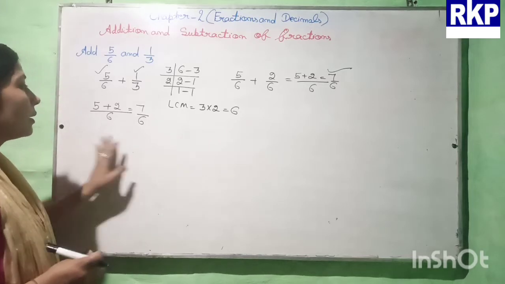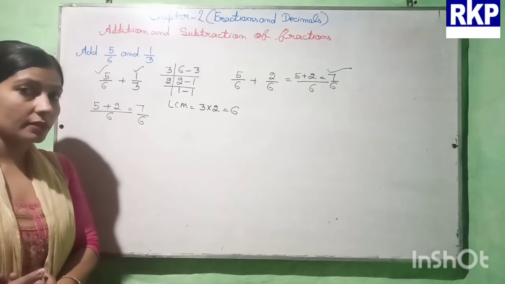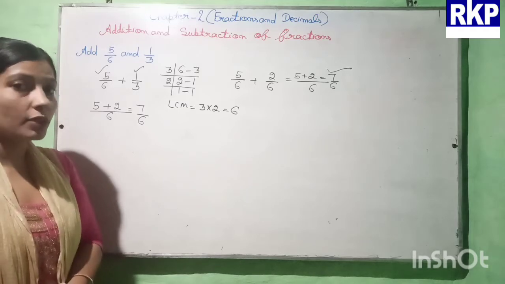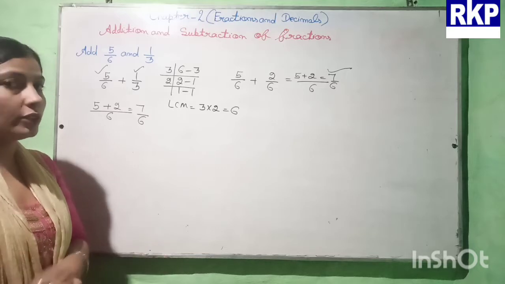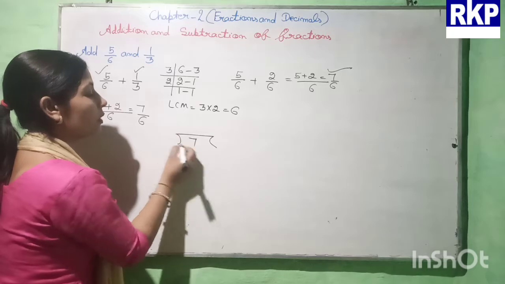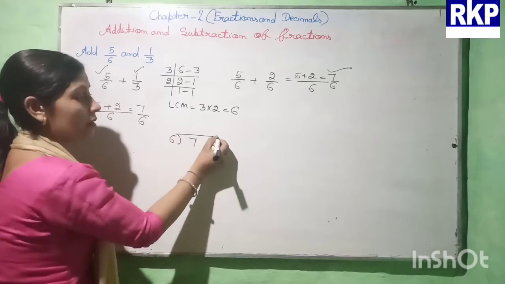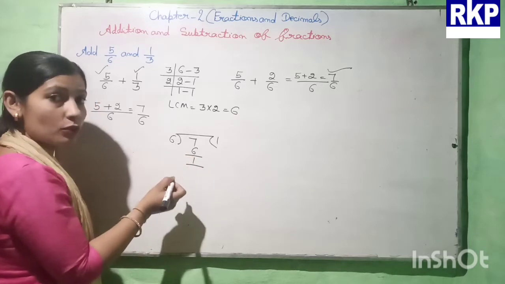Okay, but here beta, you can see 7 by 6 is an improper fraction. It's not proper. So we can convert it into a mixed fraction, and you know very well how we convert it. Yes, here we need to divide 7 by 6. 6 ones are 6, and here the remainder is 1.